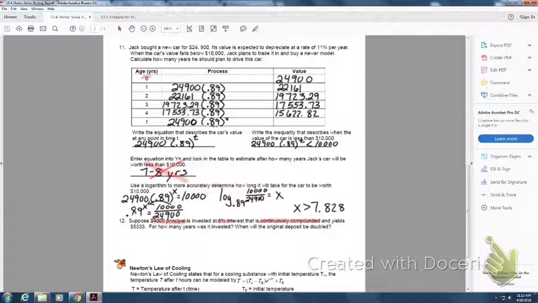A equals P e to the rt. And it yields, or the final amount is, 5,333. That's the final amount. My initial was 4,000.